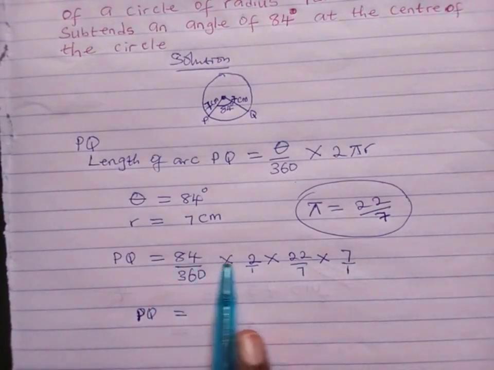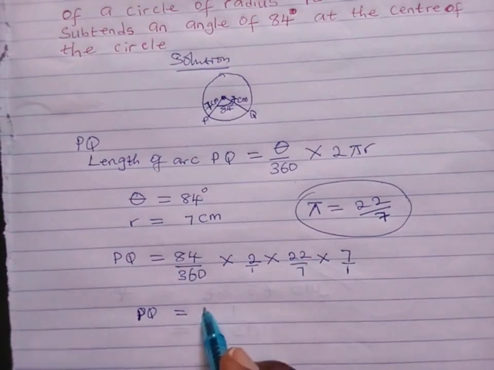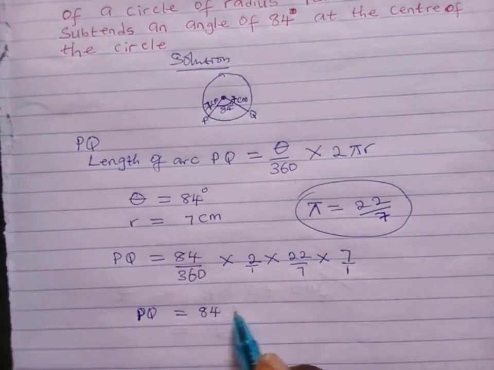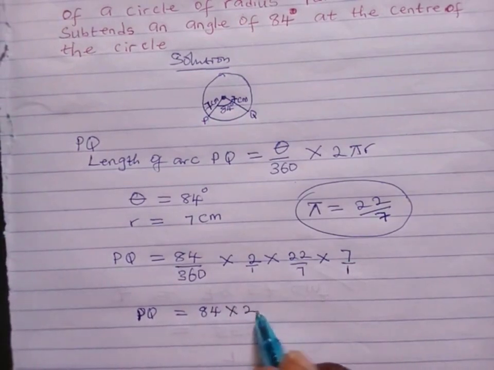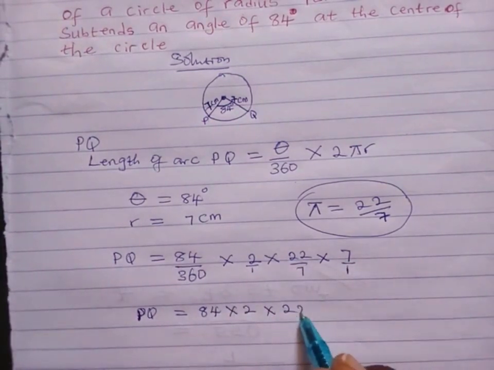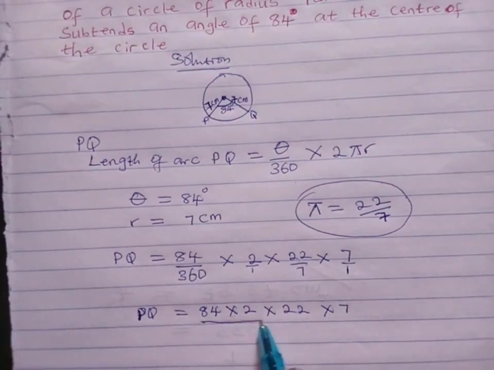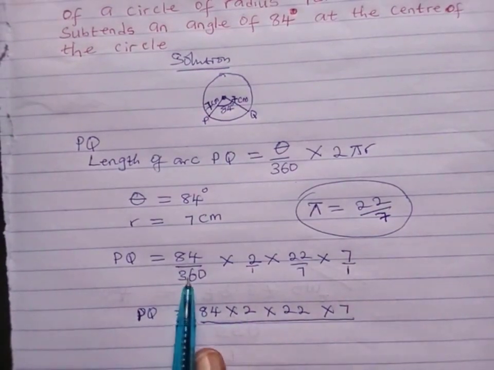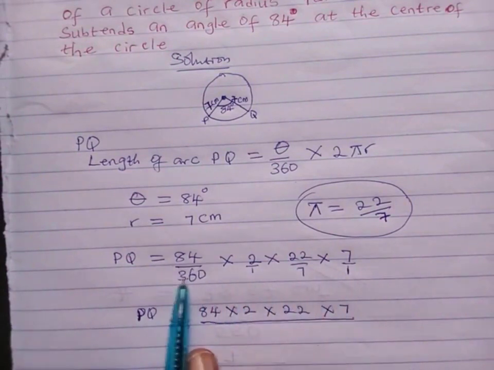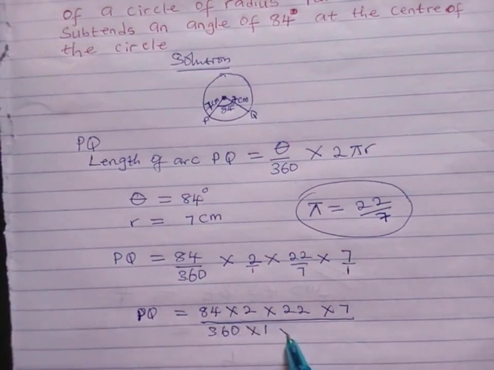Now, let's multiply out all the numerators. The numerators are the numbers on top, which is 84 times 2 times 22 times 7. Divide by all the denominators, numbers below the fraction. That is 360 times 1 times 7 times 1.